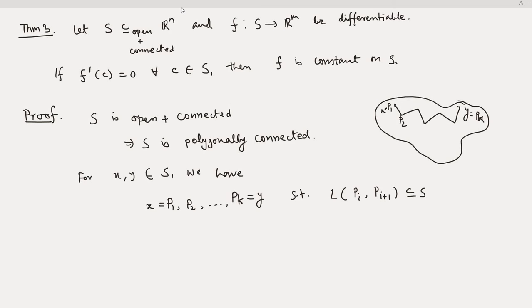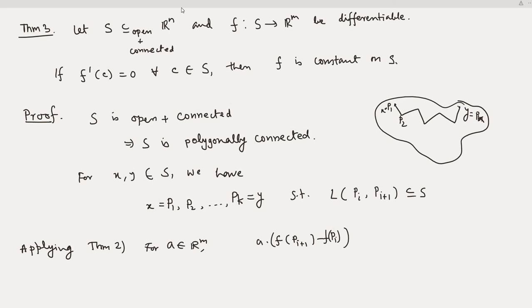Now, applying theorem 2 on every pair of points p_i, p_{i+1}, for a belongs to R^m we have a dot product with f(p_{i+1}) minus f(p_i).